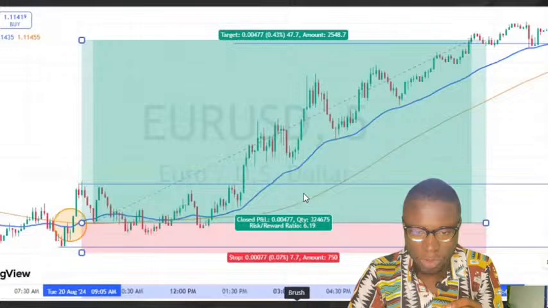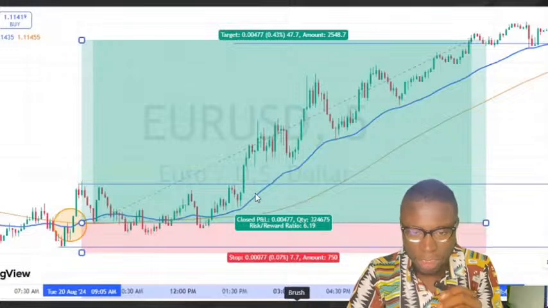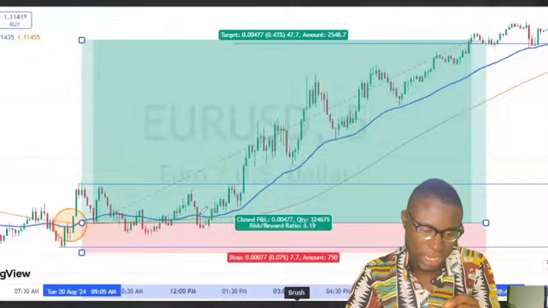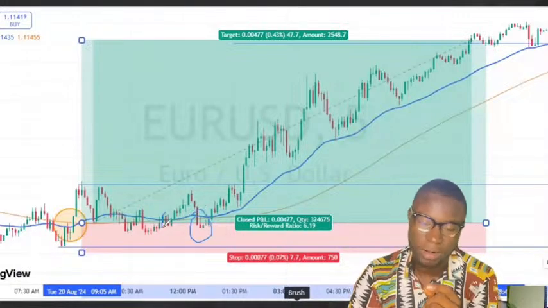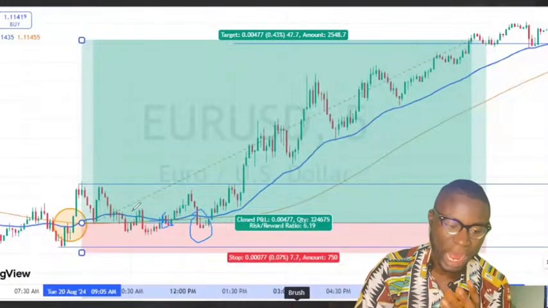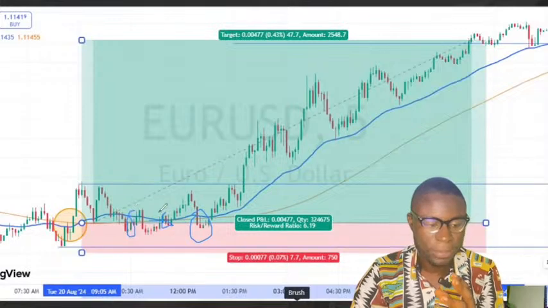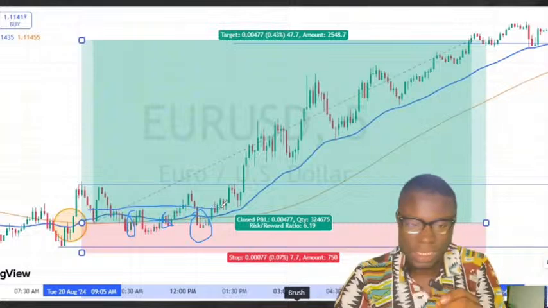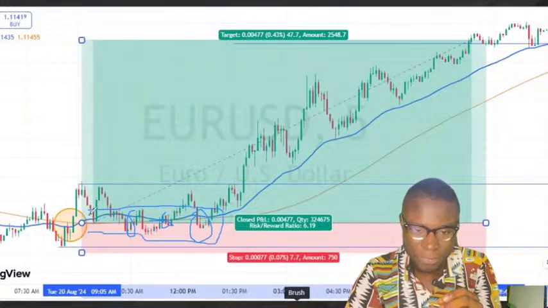That is why you need to know which moving average price is respecting. Like here, you can't tell which one is respecting. It's not respecting anything here, so you will not use the moving average here as a stop until price has moved to an extent.